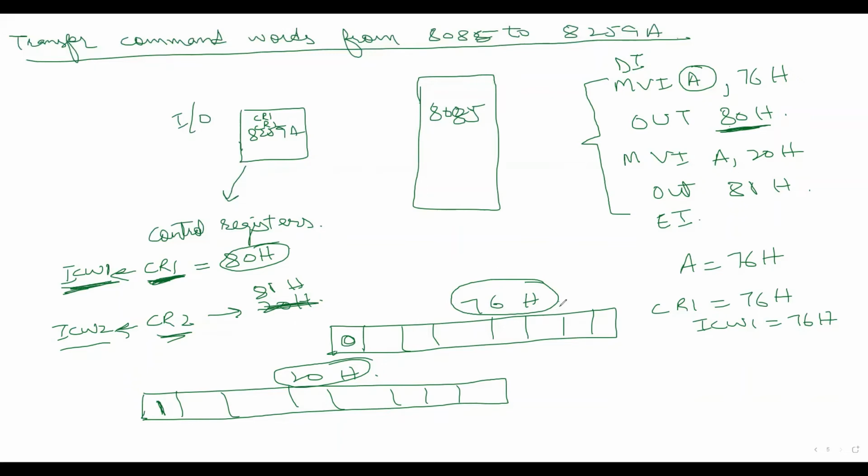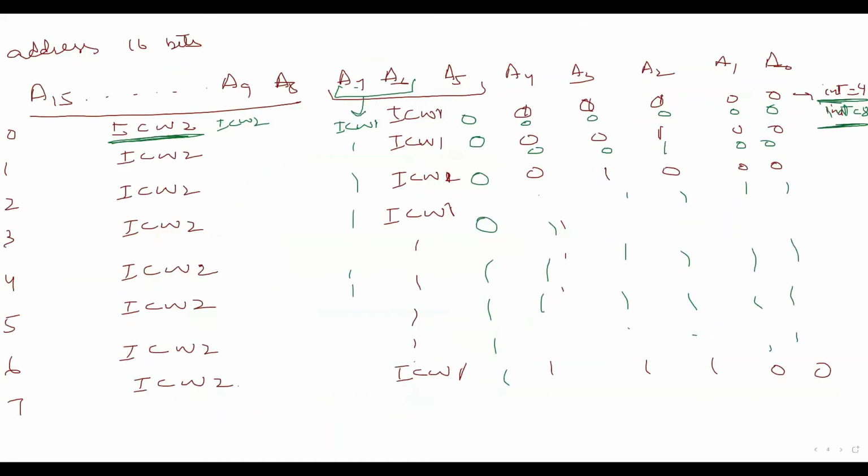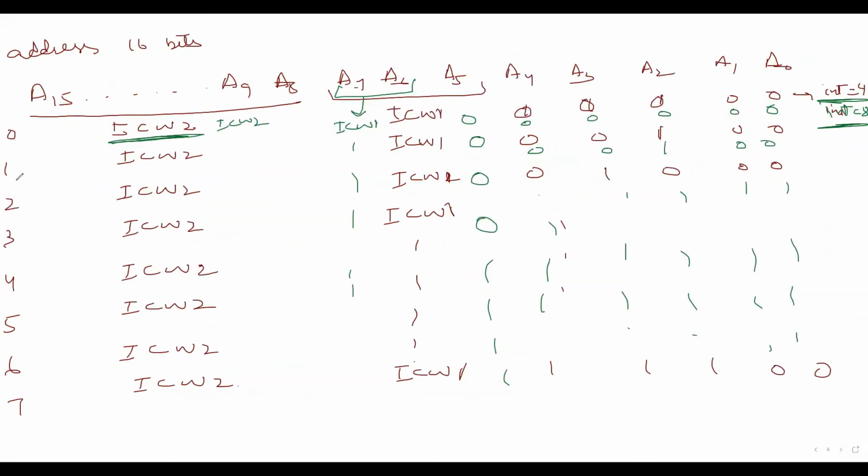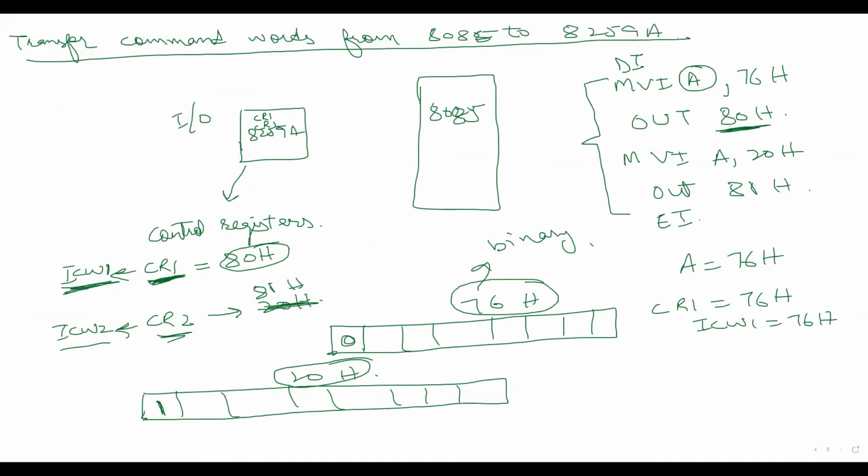You can get these details from these initialization control words. Convert them into binary, use this figure to get the information about each bit, and then use this table to get the starting address. That is your job.